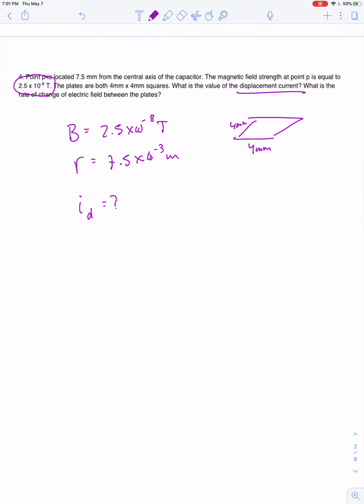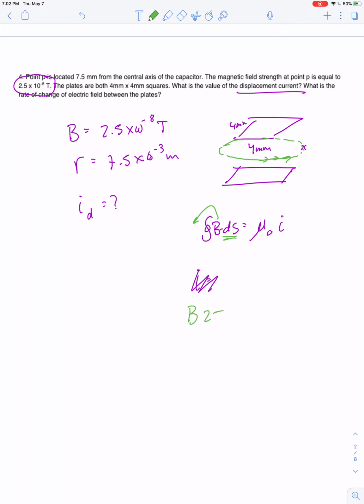Well, let's see. In the region near the plates, it's not the conduction current that's responsible for this magnetic field, it's just the displacement current. The integral of B dot ds is equal to mu naught times I. If we choose an Amperian loop in the shape of a circle, then when we integrate all the way around that path, the magnetic field is uniform, and the total loop integral of our path length is just the circumference of a circle.